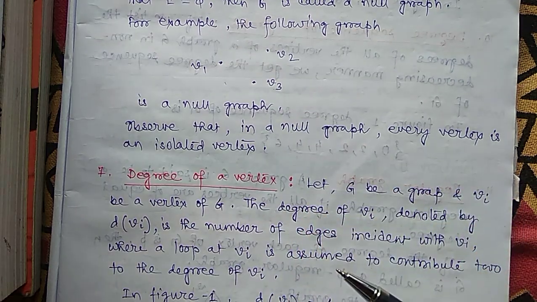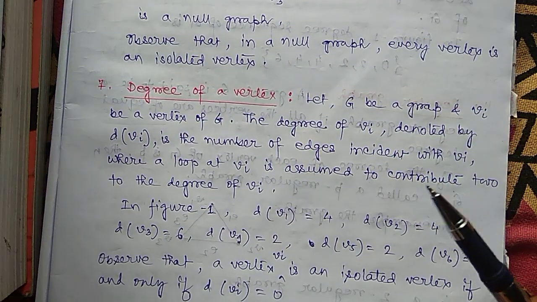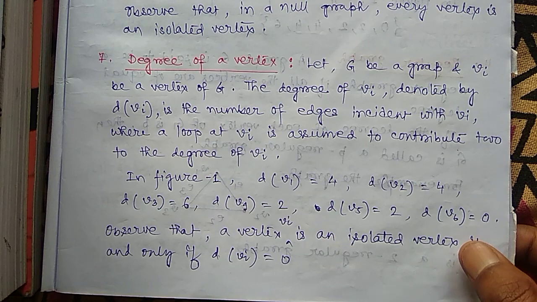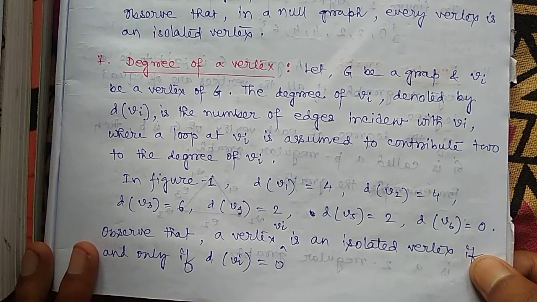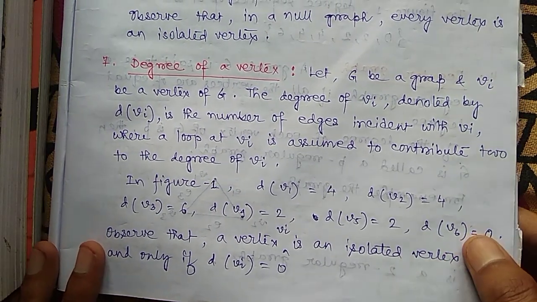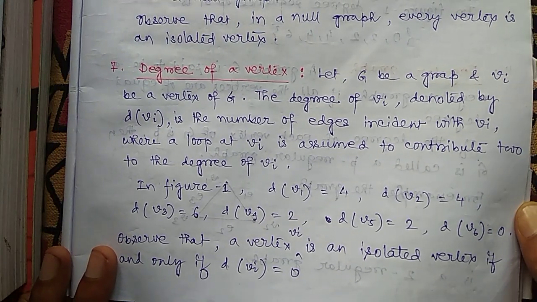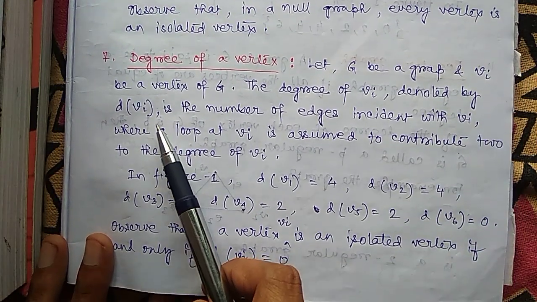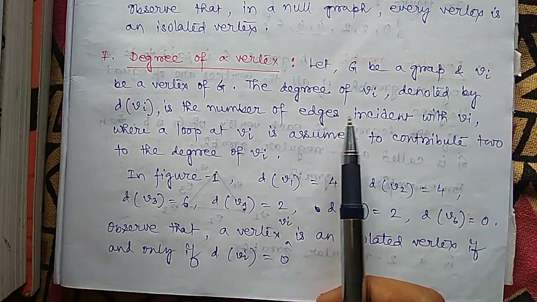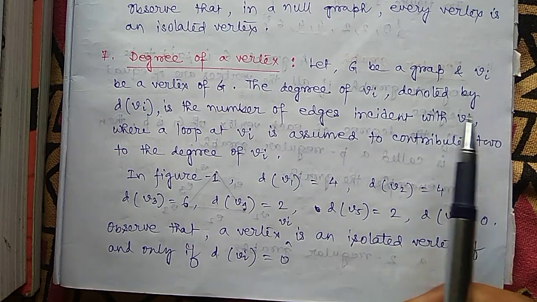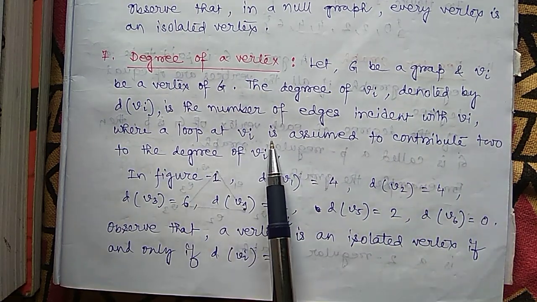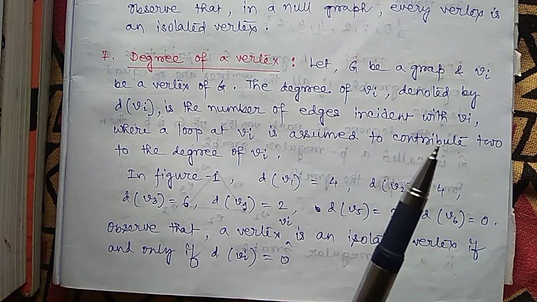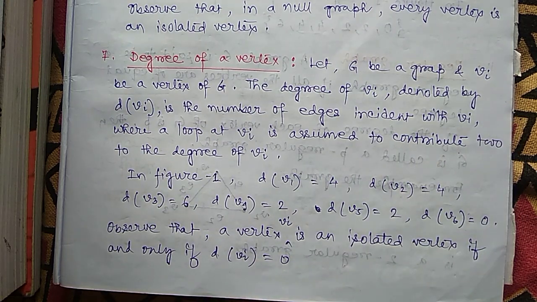Okay. Next, degree of a vertex. Let G be a graph and vi be a vertex of G. The degree of vi, denoted by d of vi, is the number of edges incident with vi, where a loop at vi is assumed to contribute 2 to the degree of vi.